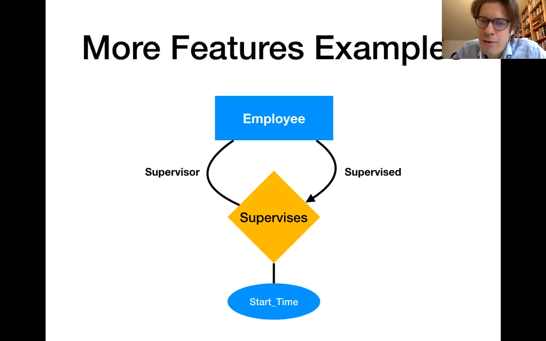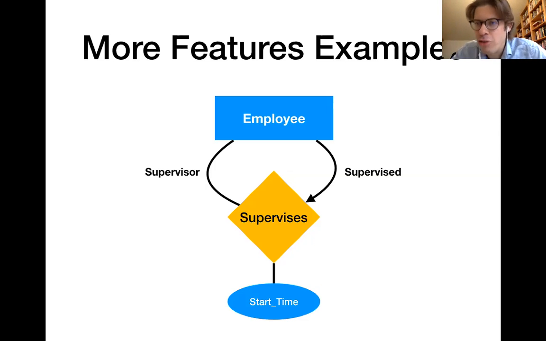And here we have a relationship that connects employees together, so we are connecting entities of the same type. And then it becomes important to assign those entities to roles. Here you see those roles are modeled as labels on the lines connecting the relationship to the entity type. We have the supervisor role and we have the supervised role.